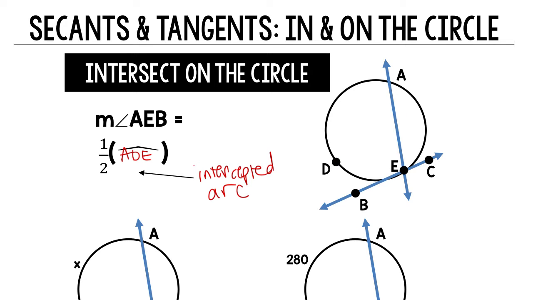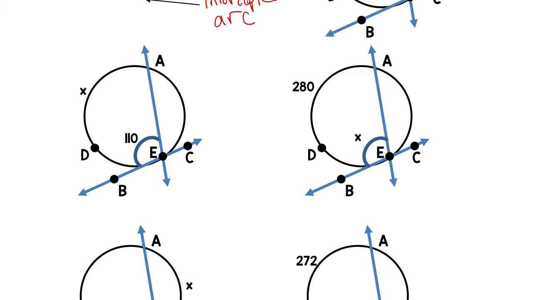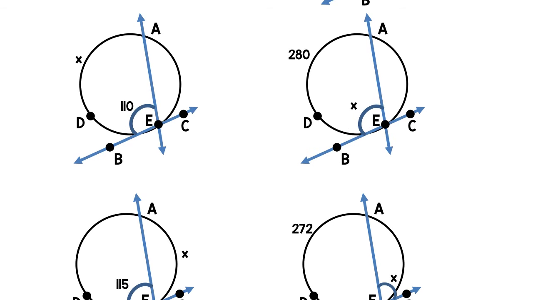D just tells us that that part of the arc is within the angle that we care about. All right, so the measure of the angle is half the arc. That feels a little like we've talked about it before. Let's put this to good use.